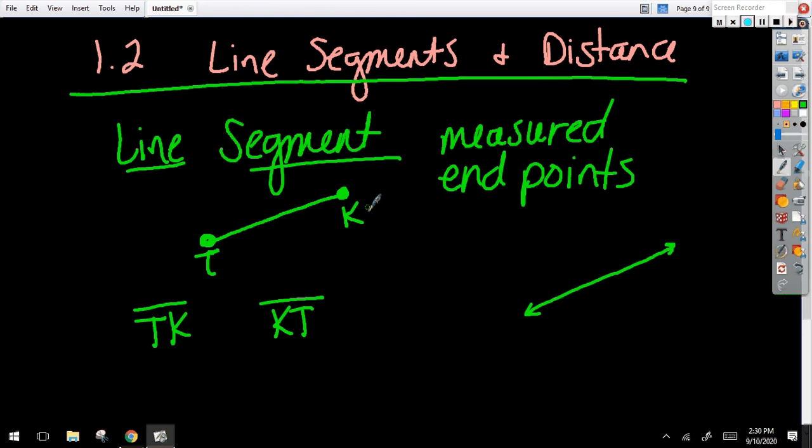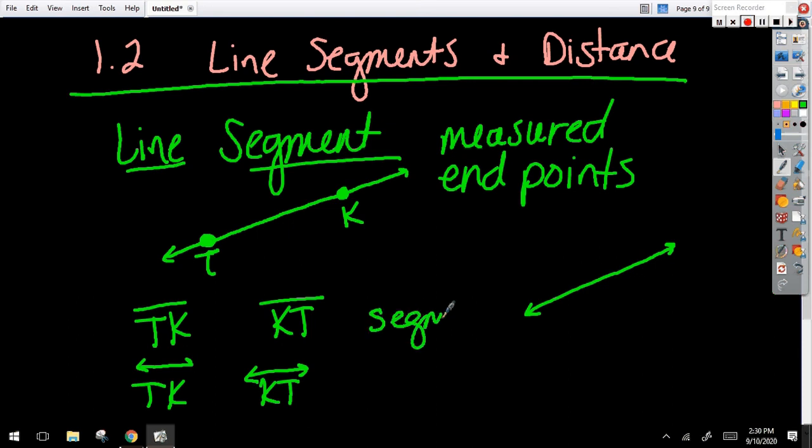Different now, if I kept this line going the whole time, I could still describe this way as a segment, but here's a line, and again, either way would be fine. So I hope you see the difference here, segment and line, right?